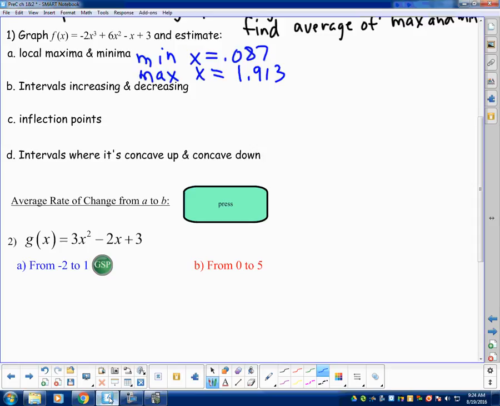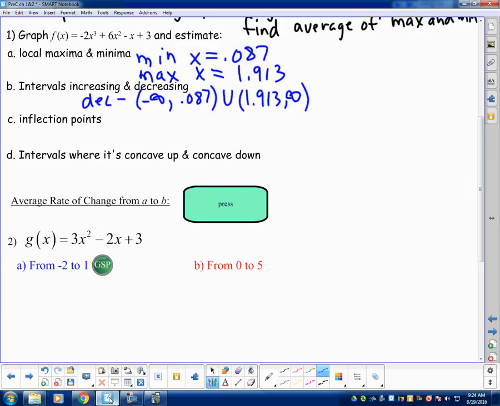So it's decreasing, DEC, from negative infinity, written in interval notation, to 0.087, and then union, the other side of the max, it starts decreasing again, 1.913, comma, infinity. So that's the interval over which it's decreasing.